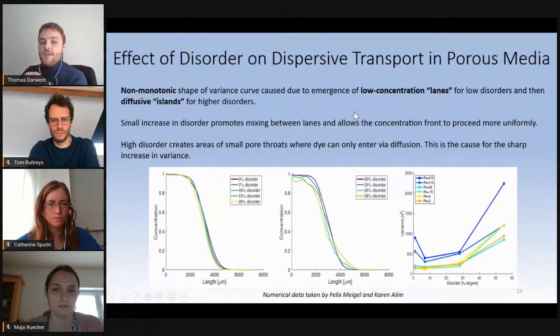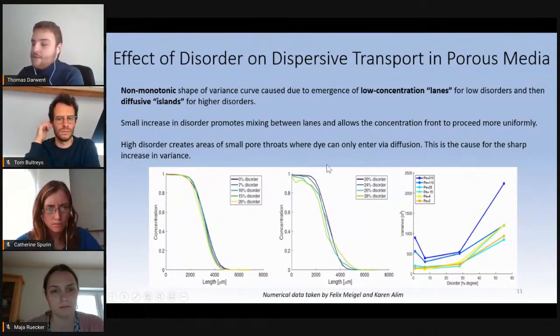What seems to be happening is that as you're increasing the disorder, you're starting to get mixing between the advective lanes. Then as you go into higher and higher disorders, you start to get diffusive islands where the fluorescein is only invading via diffusion rather than advective flow. We're just verifying this trend now with experiments, so there's still some bits to go on this.